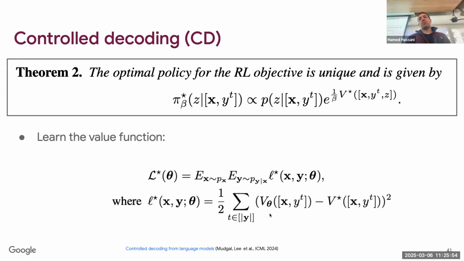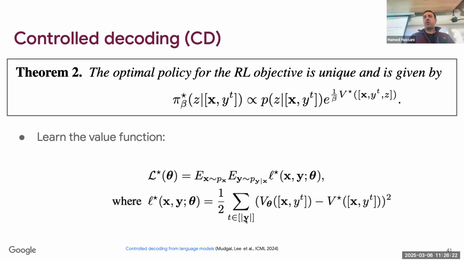We're going to take a simple L2 loss between V theta and V star and try to minimize that, in expectation over a set of prompts and some responses from the language model. We're basically doing a distillation, a very simple L2 loss, to get V theta. But still, we don't have V star to be able to actually solve this problem either.